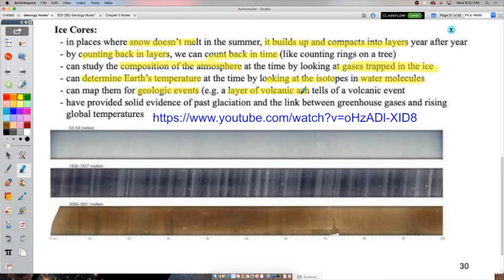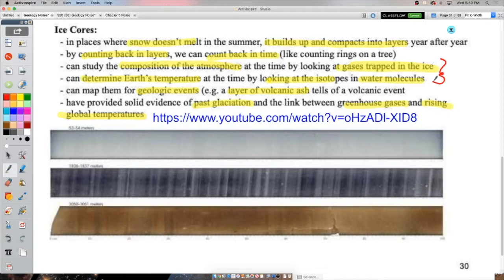Okay, so these ice cores have actually provided really strong evidence of not only this past glaciation, these drops or rises in Earth's temperature, but they also show a very clear link between greenhouse gases, which we'll talk about a bit tomorrow, and rising global temperatures. So remember how I said we could see what the ancient atmosphere and the ancient temperatures look like?